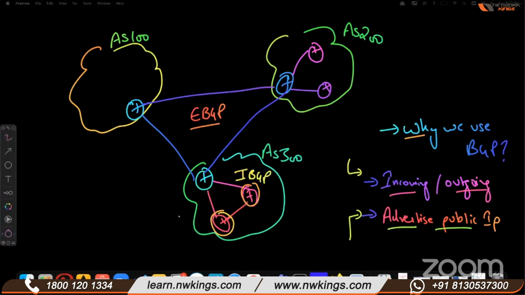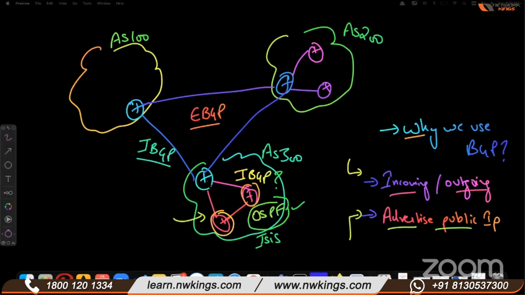Okay, so again one interview question. When we can run OSPF, when we can use ISIS, why we are running IBGP between our locations? Because you can't run IBGP between different service provider, right?